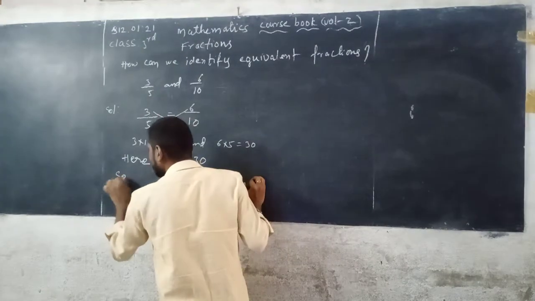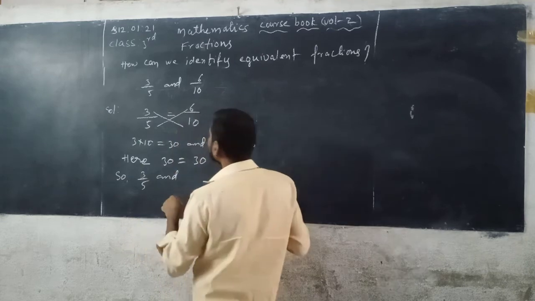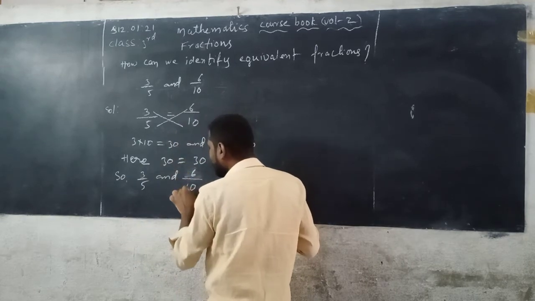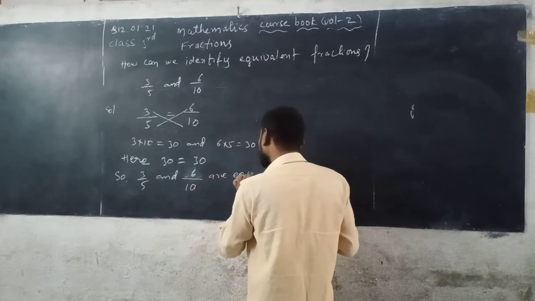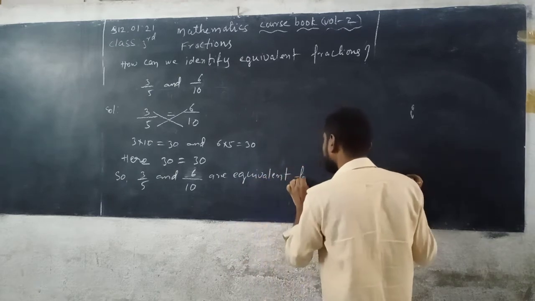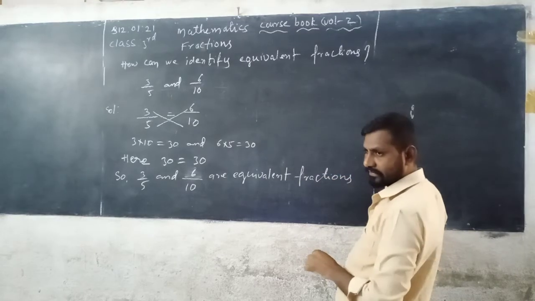So 3 by 5 and 6 by 10 are equivalent fractions. Did you understand?